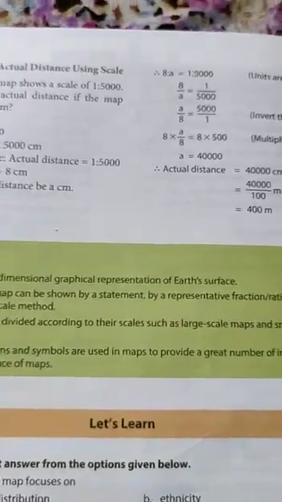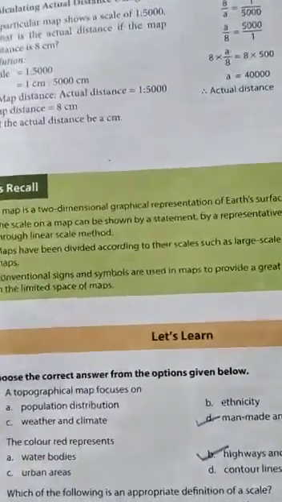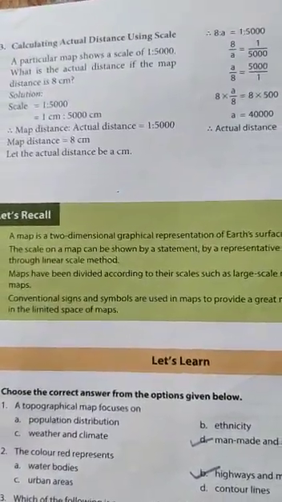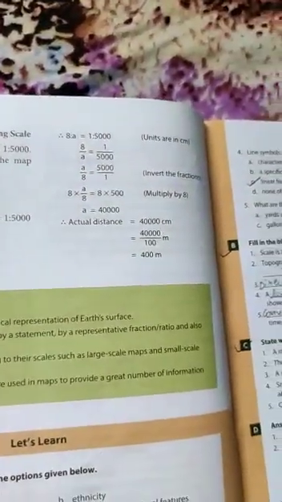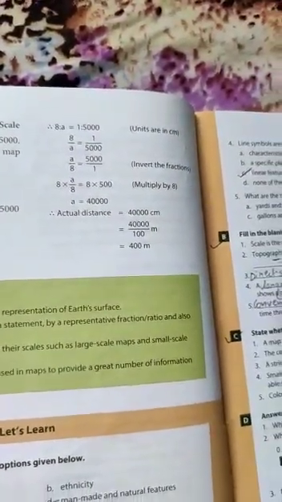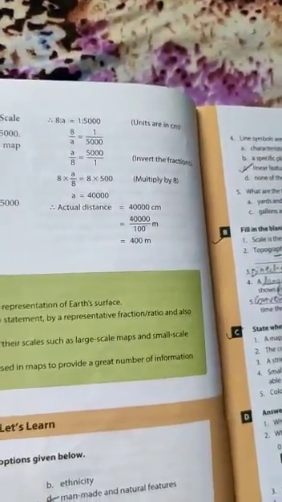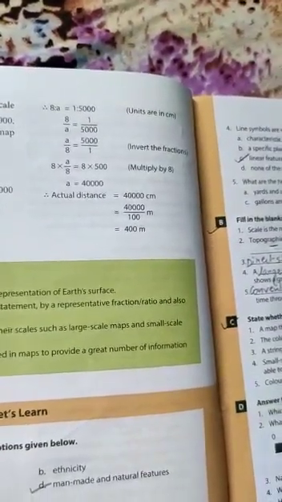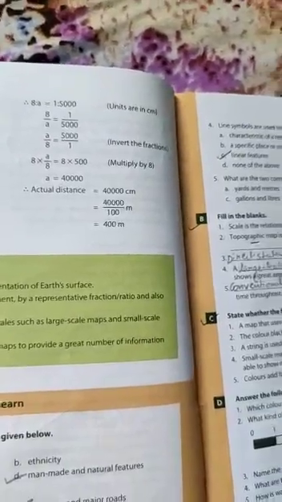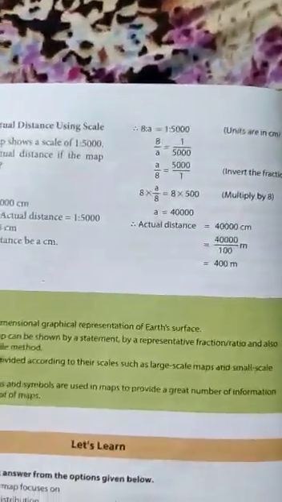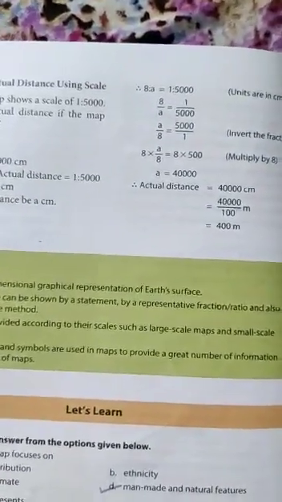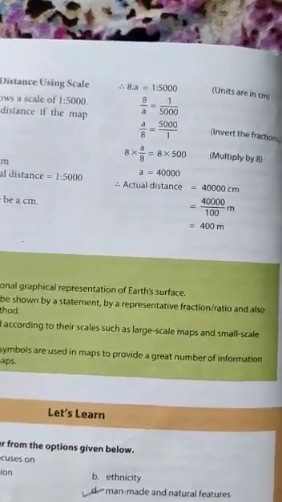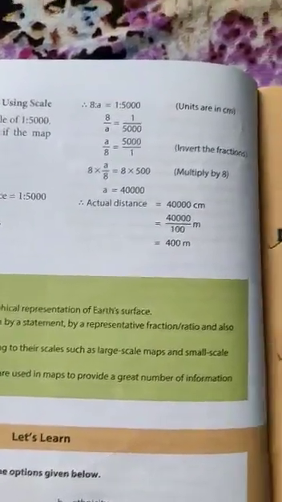Solution: first, let's write down the scale. The scale is 1:5,000, so 1 centimeter is to 5,000 centimeter. Therefore, map distance is to actual distance is equal to 1:5,000. The map distance is mentioned in the question, 8 centimeter. So let's assume the actual distance to be a centimeter.